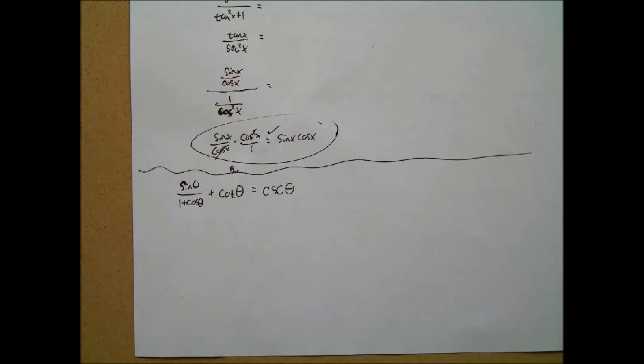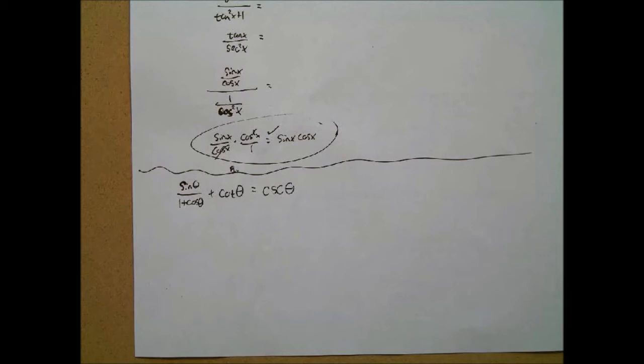Right, but I don't change it to sine. Leave it sine squared. It's okay, because you did sine squared plus cosine squared, which is just 1. So there should be no plus 1 here. You don't need that plus 1.